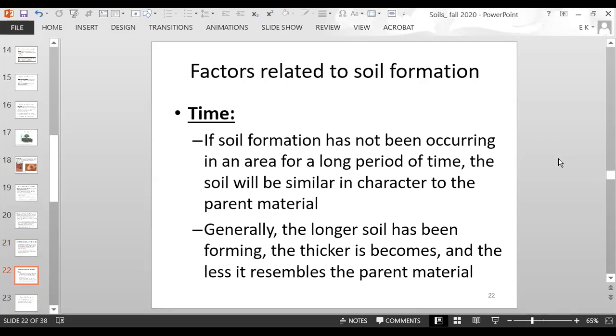The next factor related to soil formation is time. If soil formation has not been occurring in an area for a long period of time, the soil will be similar in character to the parent material. Generally, the longer the soil has been forming, the thicker it becomes and the less it resembles the parent material.